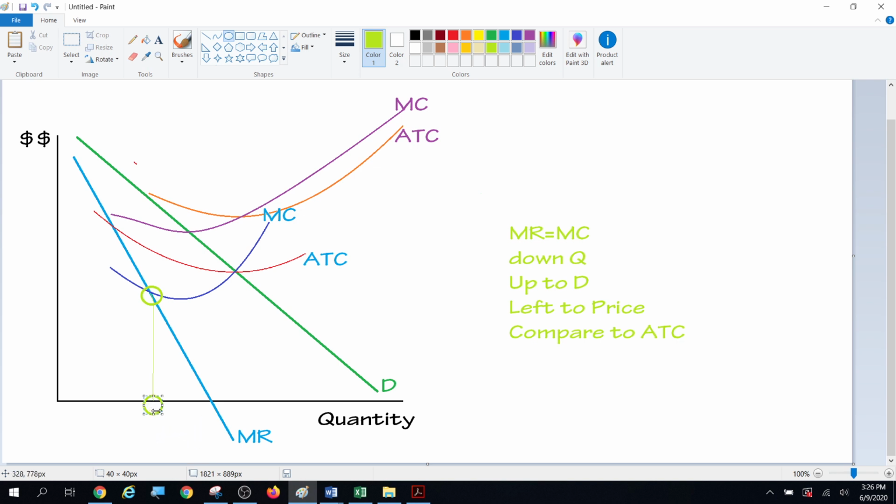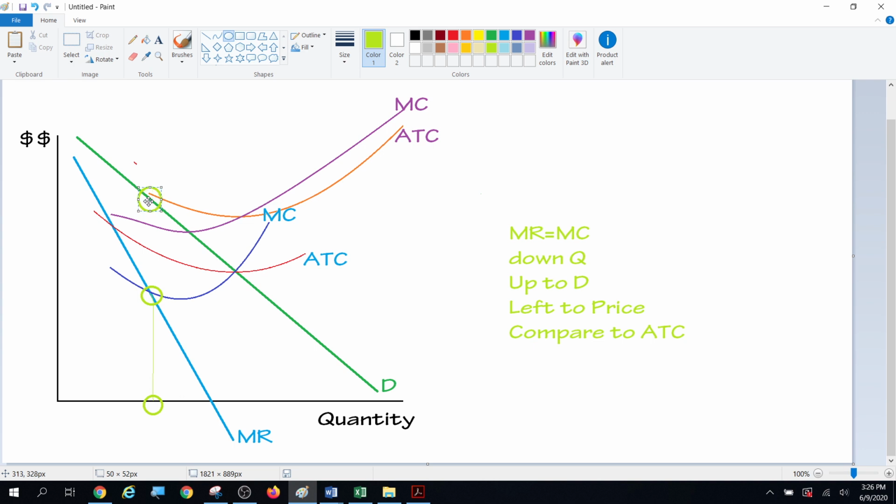To figure out what price we're going to charge, we say, well, if we're making, I don't know how many this is, let's say 8 million Twinkies, or 80 million, or 800 million, whatever number of units we're making, our market tells us that the demanders in our market are willing to buy 8 million or 800 million at that price on the demand curve.